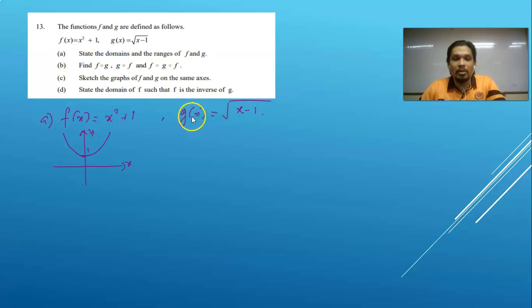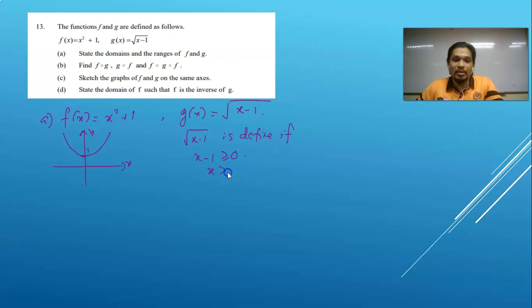For the square root function, g(x) equal to the square root of x minus 1 is defined if x minus 1 is greater than or equal to 0.